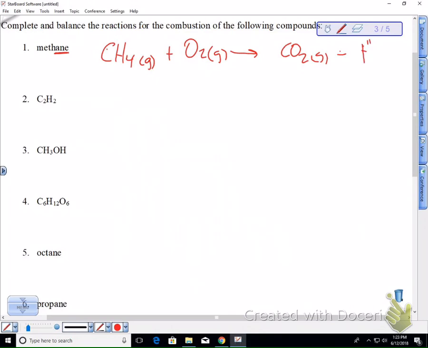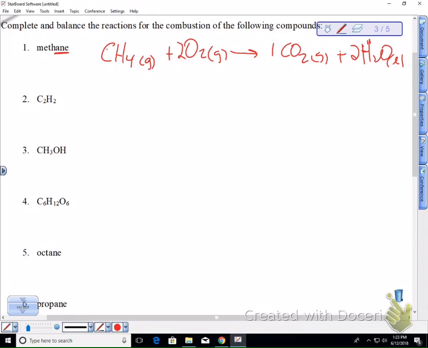We don't have to think about it. CO2 and water. And then we balance this. Remember our balancing trick for combustion reactions, subscript for carbon is 1, so that's what I put in front of CO2. Half the hydrogens in front of water, so I'll put 2 there. Count your oxygens up, 2 plus 2 is 4, so we put 2 oxygens there.